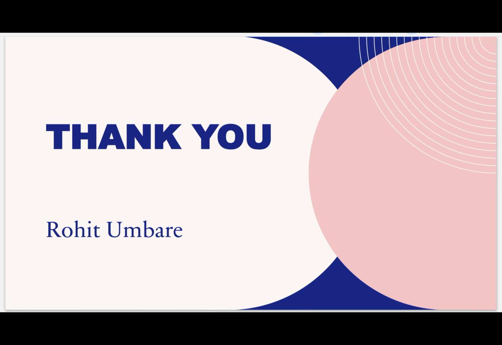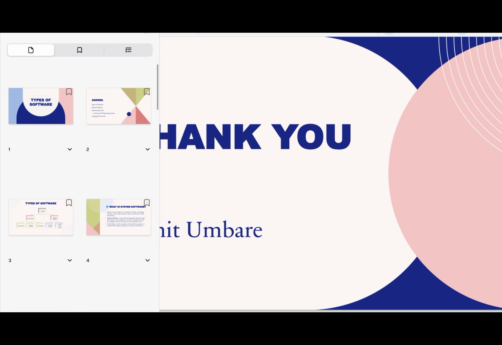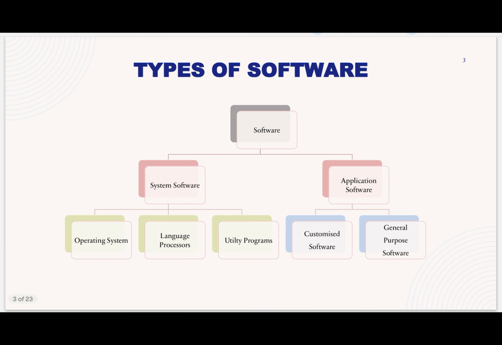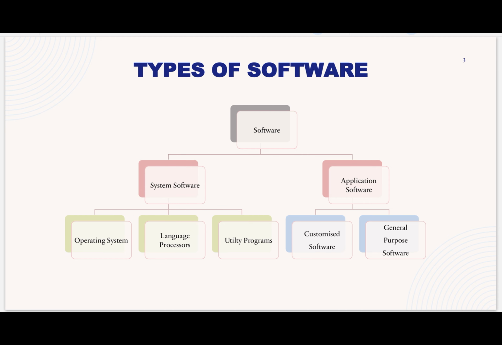Now thank you class for today. Today we have learned about what? Different types of software. First we learned about software. What is basically software? Afterwards system software, the software which operates all our system is called system software. Afterwards, we learned about operating software.